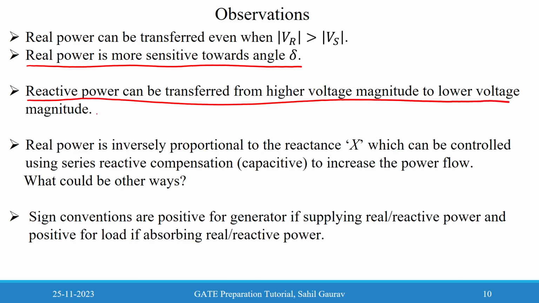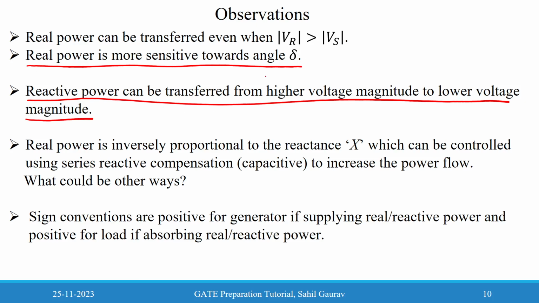We have seen that sending end active power depends on the power angle sine delta. So it depends on the difference of sending end and receiving end voltage angle. While reactive power depends on the voltage magnitude difference delta V. So reactive power can be transferred from higher voltage magnitude to lower voltage magnitude.